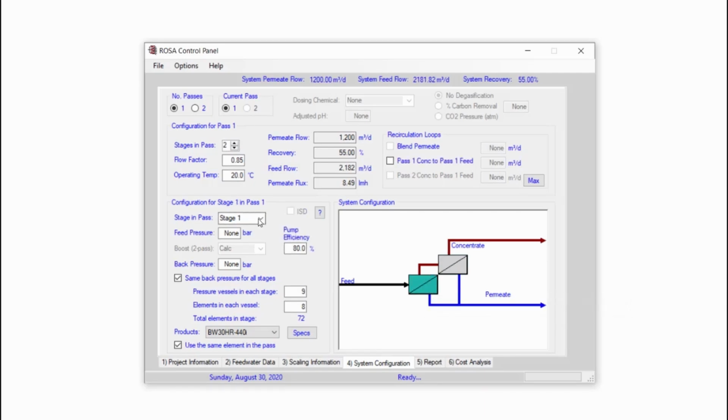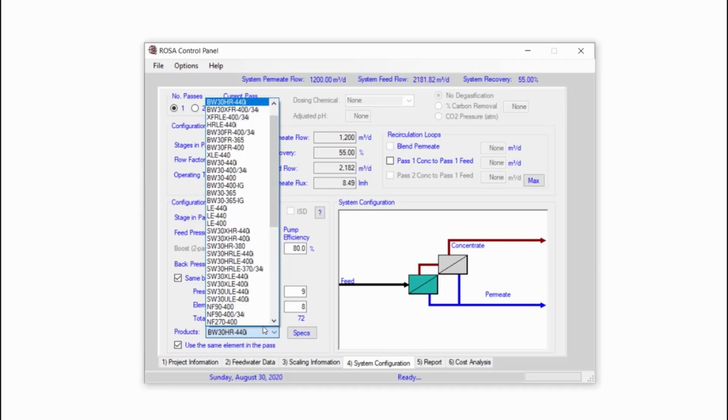Now, this is stage 1 and this is stage 2. Let's input the information for stage 1. If you want to use the same element for both stages, you have to cross it.